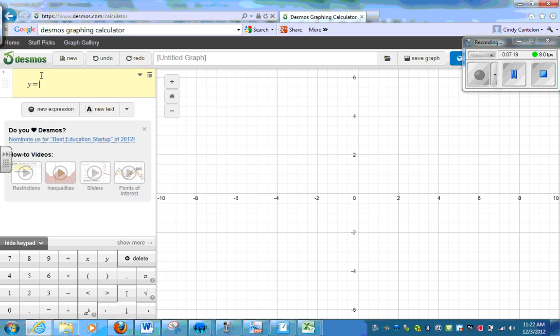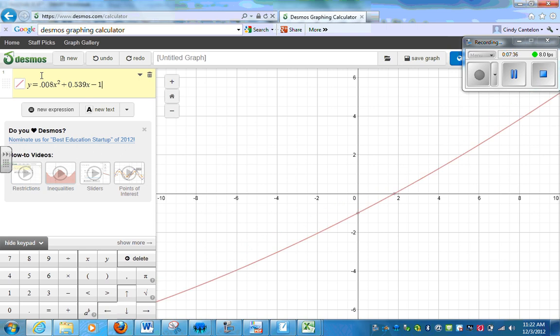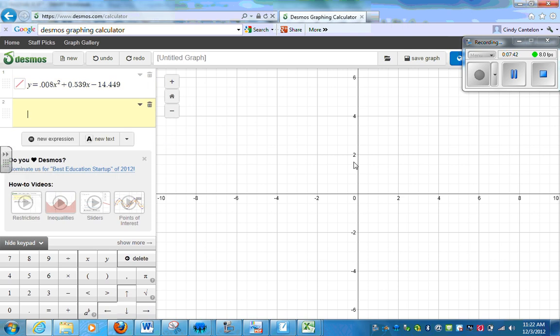I'm going to say y equals 0.008x squared plus, honestly, entering this stuff in is going to take the most amount of time, 0.39x minus 14.449.